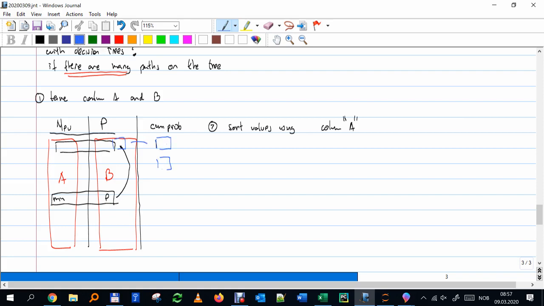For the second one, let's use different colors here, otherwise it's going to get messy. Here we have this guy. The green one will be the blue one plus this guy, and so forth.